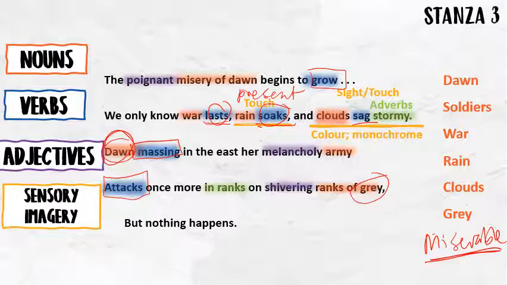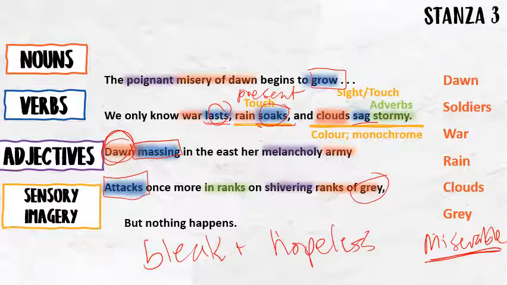So basically, the effect of the colour imagery is that it's bleak and, I've already written miserable, let's go with hopeless. Bleak and hopeless. And some more sensory imagery as well.